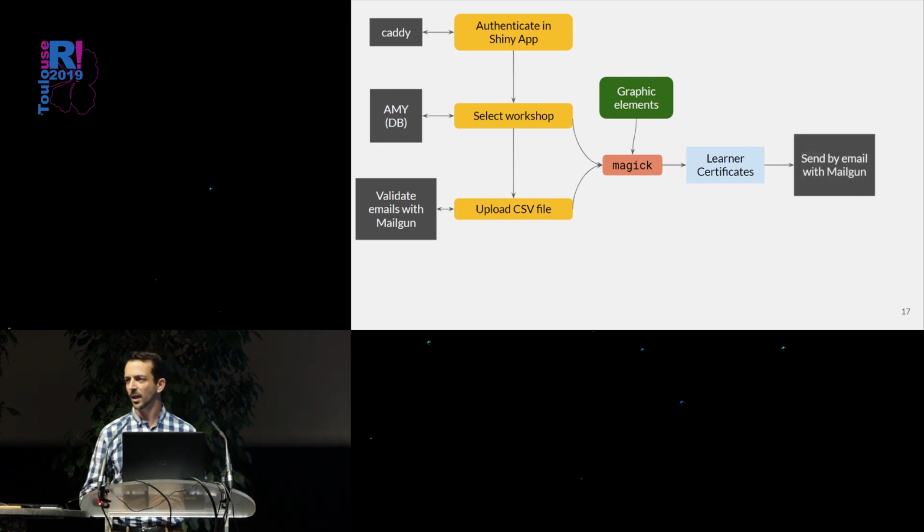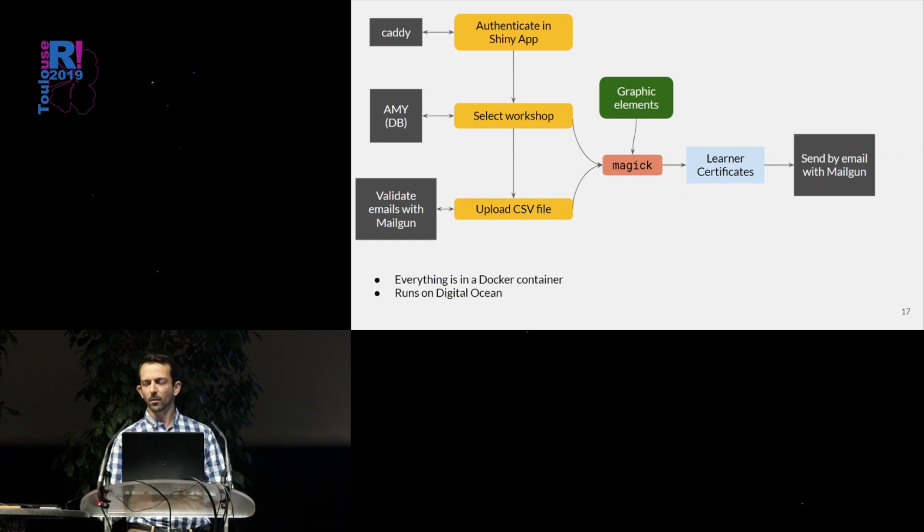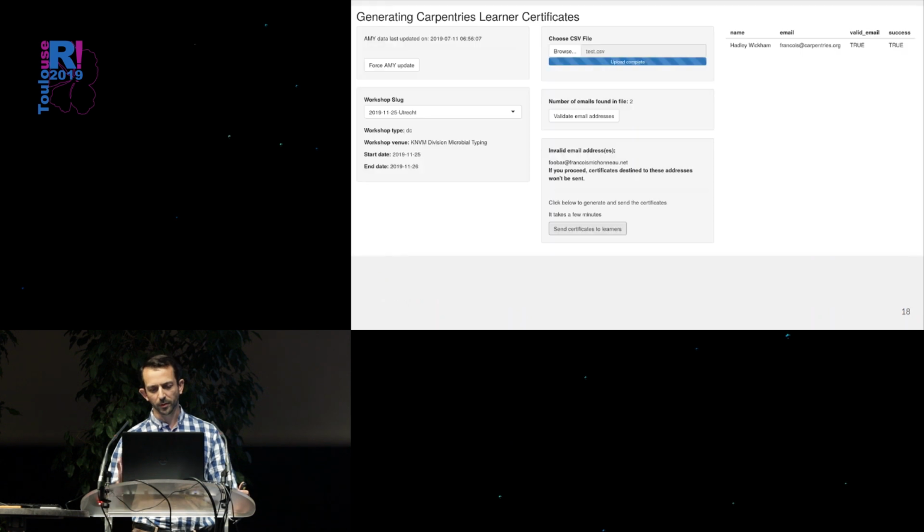And then we use the Mailgun API again to send the certificate to all the participants. All of this is written as a Dockerfile, and it runs on DigitalOcean, so it's very easy to deploy.